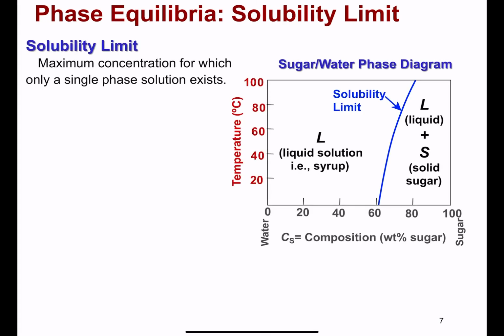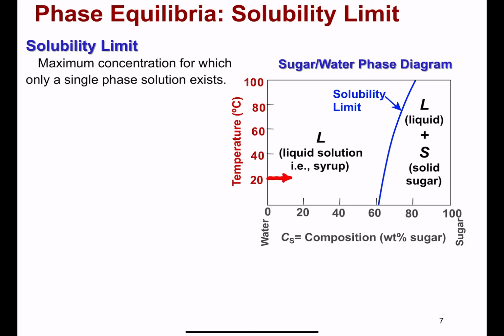Okay, so let's look at a phase diagram that's more reminiscent of things you've probably seen. So here is the sugar-water phase diagram. And you've likely experienced much of this at around room temperature when you experience drinks that are sugared or sweetened.